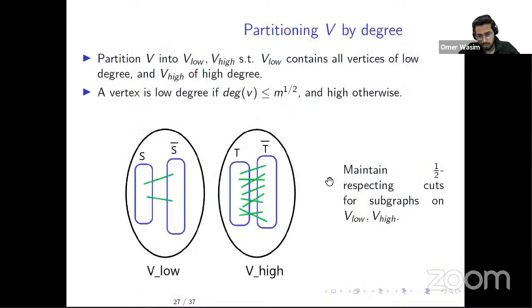So the main idea behind the square root m update time algorithm is just to maintain half respecting cuts on low and high degree vertices, which are simply defined by this threshold square root m. If a vertex has degree square root m or less, it's a low degree vertex, otherwise it's high degree, and so on and so forth.